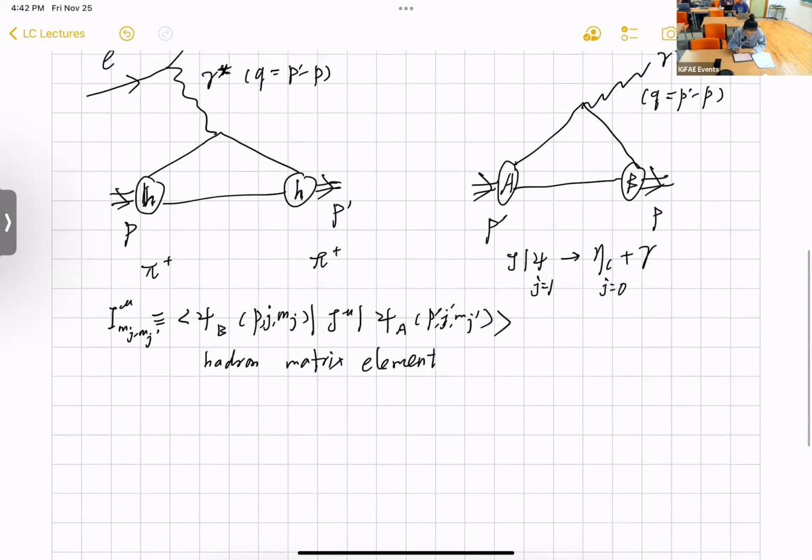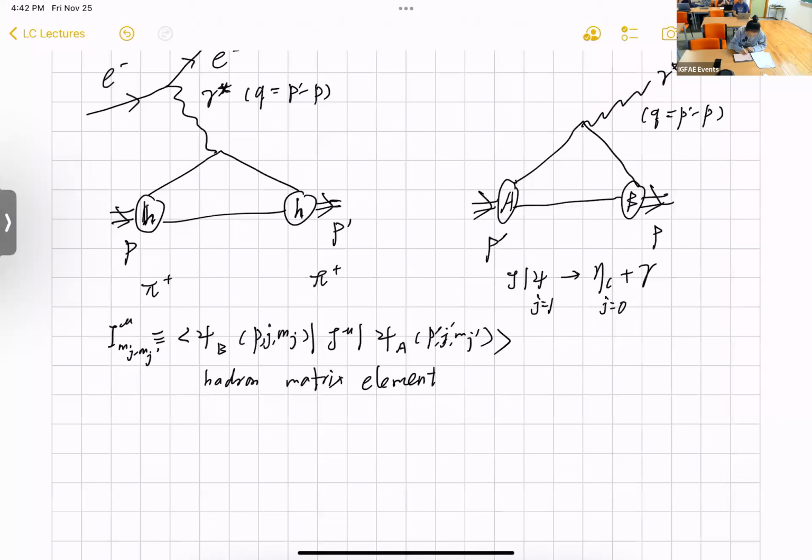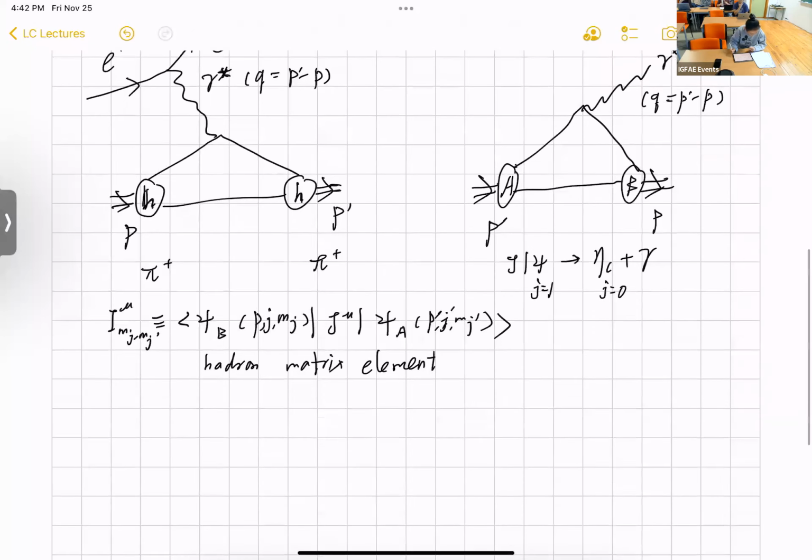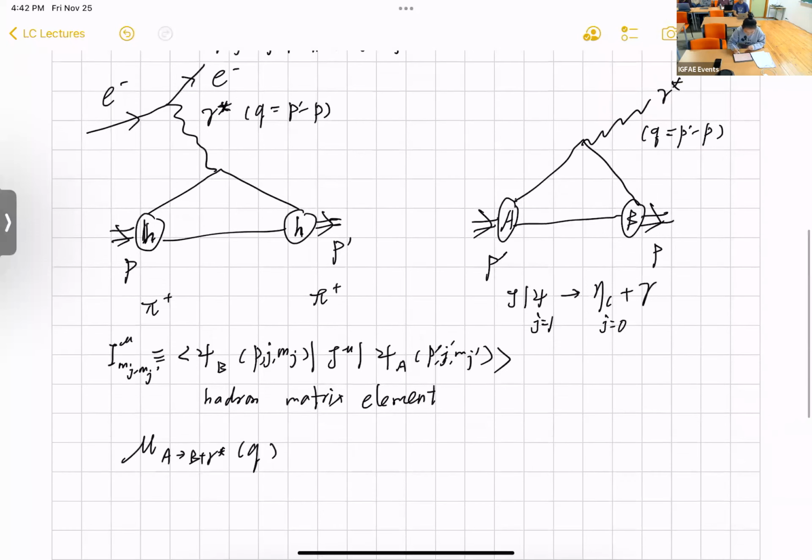And as you can see, it can be directly connected to the scattering amplitude. So if I'm looking at the scattering amplitude of A to B plus the virtual photon, Q is the transverse momentum carried away by the virtual photon.